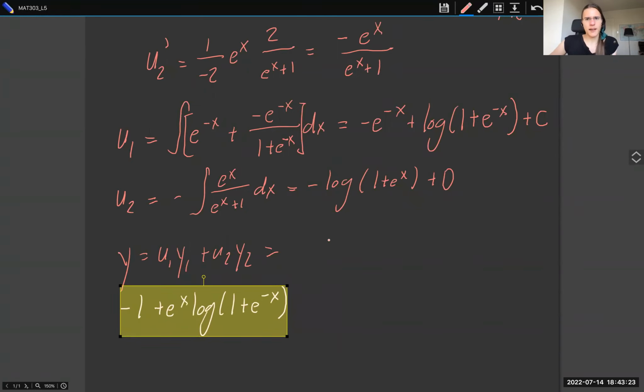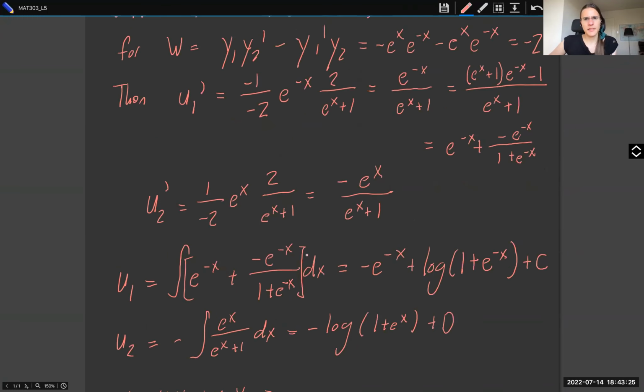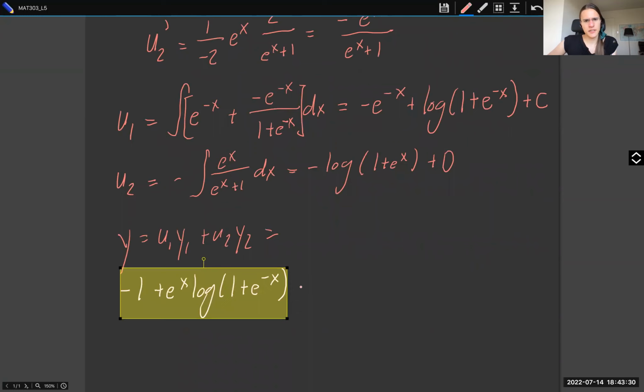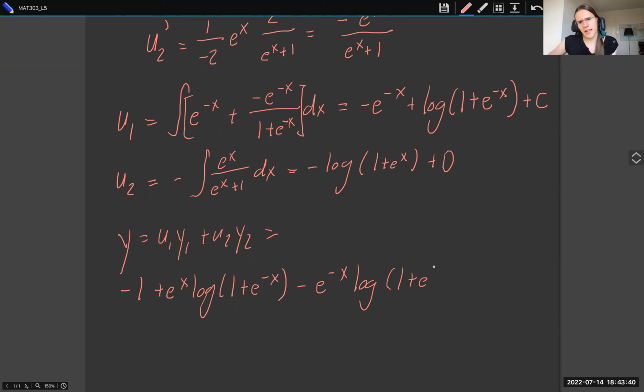Then I'll get, so this is e to the minus x minus e to the minus x logarithm 1 plus e to the x. And then I'll get plus c. I guess I can write that in that line.